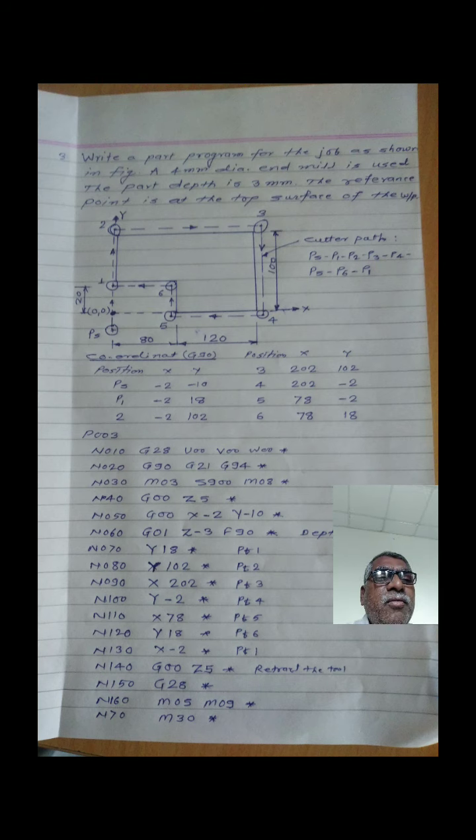It is very simple. First, you have to study the job drawing, find out the various dimensions of the component or profile, study the profile, select the cutter. What is the cutter diameter? Consider the cutter radius while calculating the coordinate values. Before that, first write down the cutter path. Find out the cutter path.